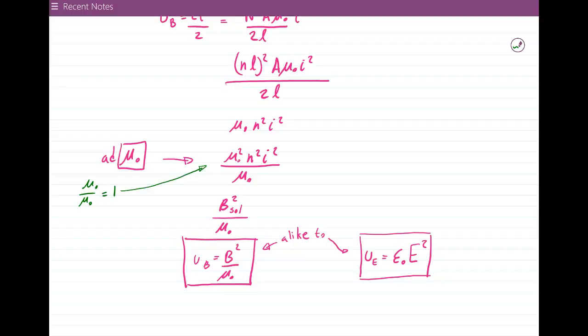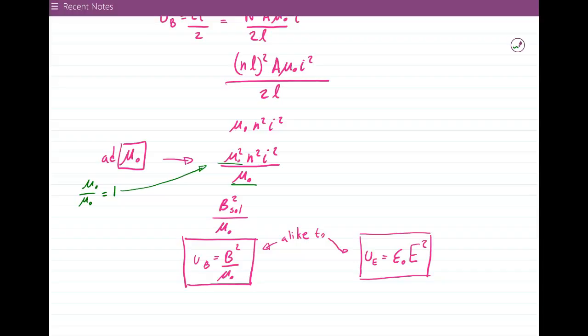Because mu naught n I is the magnetic field of the solenoid. That's all. Big U is just energy, measured in joules. Little u is energy density, measured in joules per cubic meter.